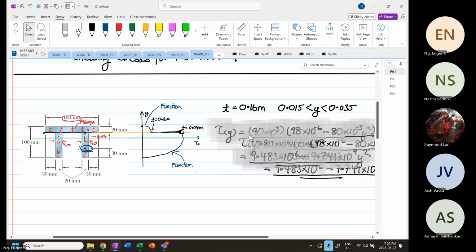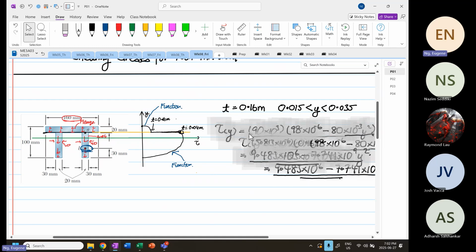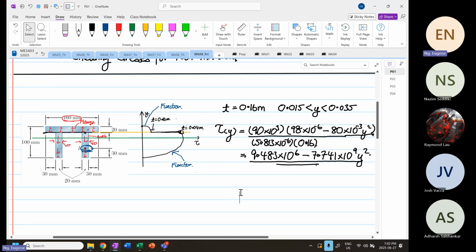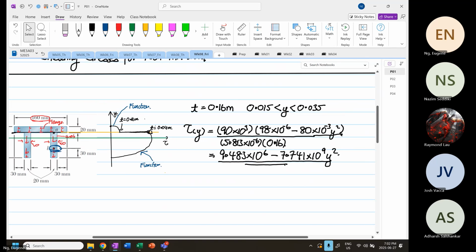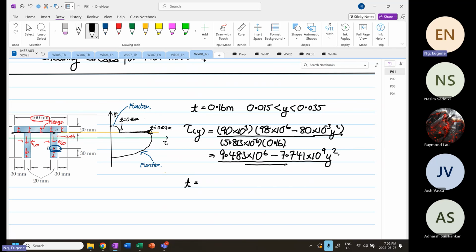Right, so we have derived this, and the next one that we have derived is when the thickness is equal to twice of 0.02, which is equal to 0.04 meters.